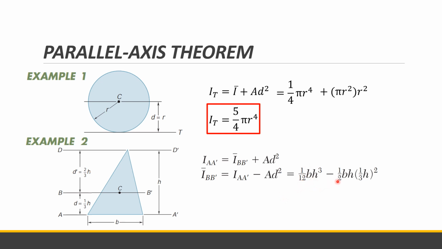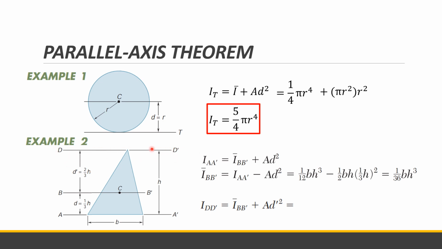So minus the area, which is 1/2 base times height, multiplied by d squared, where the distance is 1/3 h away from the base, squared. So the centroidal moment of inertia of a triangle is 1/36 b h cubed. Say we have an additional axis DD prime, no?